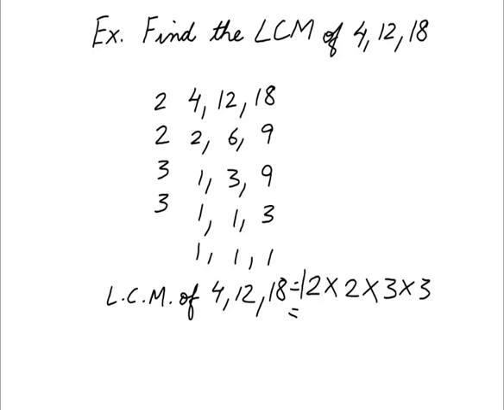So first let us multiply these 2 numbers. 2 multiplied by 2 is 4. Okay. And let us multiply these 2 numbers. 3 multiplied by 3 is 9. Now 4 multiplied by 9 gives you 36. So 36 is the LCM of 4, 12 and 18. So that brings us to the end of this chapter, and we'll continue with fractions.